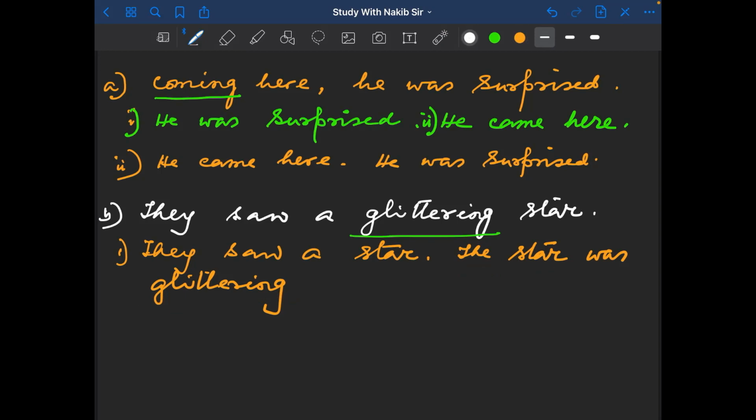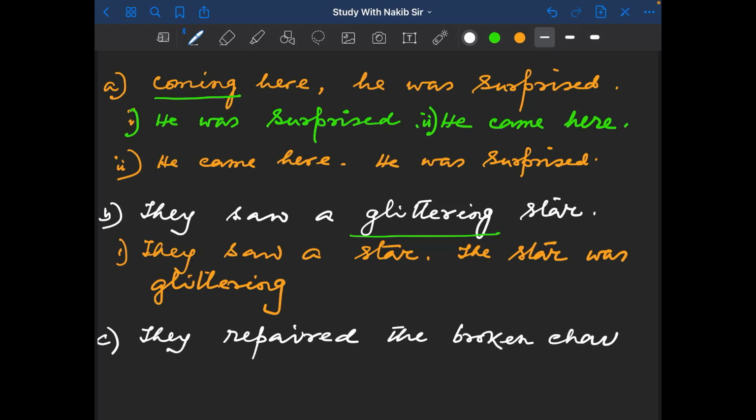Okay, now see, take another example. They repaired the broken chair. Okay, here broken is the participle.